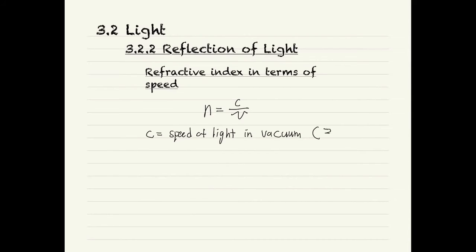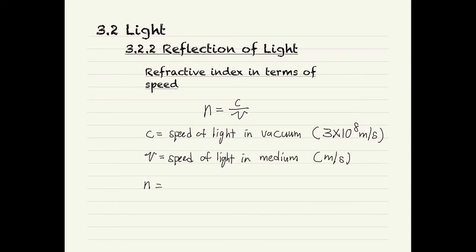The unit is 3 times 10 to the power of 8 meter per second. v is speed of light in medium. Unit is meter per second. n is refractive index. No unit.